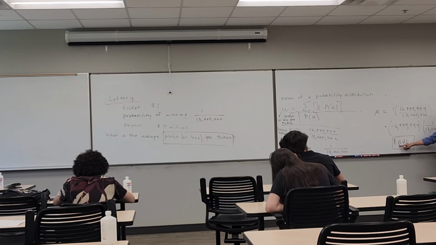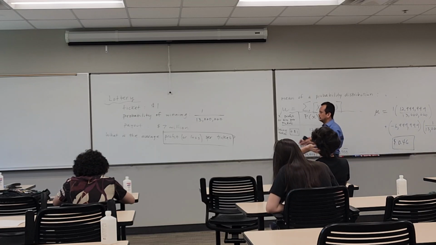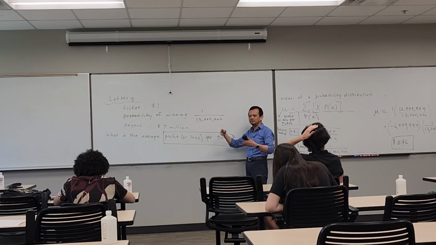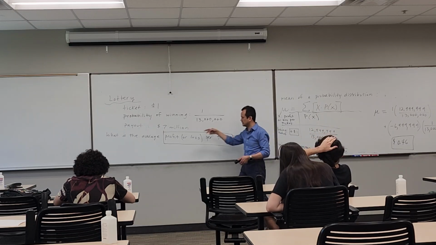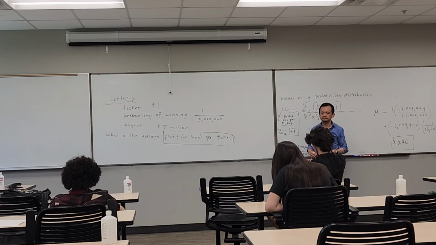They make only part of it, but still it's a positive number. Most of the time they're going to make the dollar, but once in a blue moon they're going to have to pay out the $7 million, but it still averages out to a positive profit.